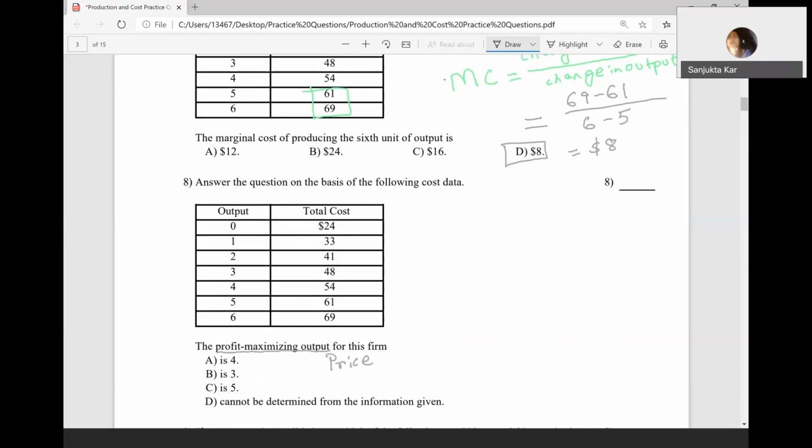So over here, I have the price given. I do not have the price given, my bad. So without the information on price, I can't really find the profit maximizing output. So I'll say this one is cannot be determined from the information given.